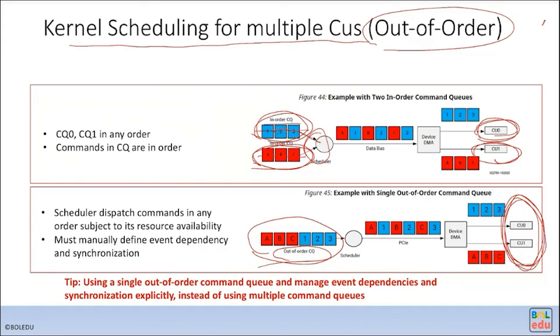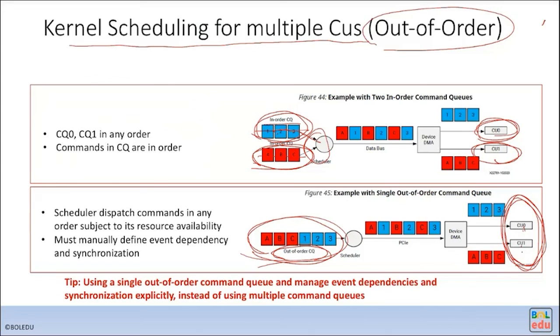Or there will be unnecessary stalls by other compute units, because those two compute units may actually run at different paces. So you put the commands of the two command queues into one queue, and this queue has to be an out of order command queue.